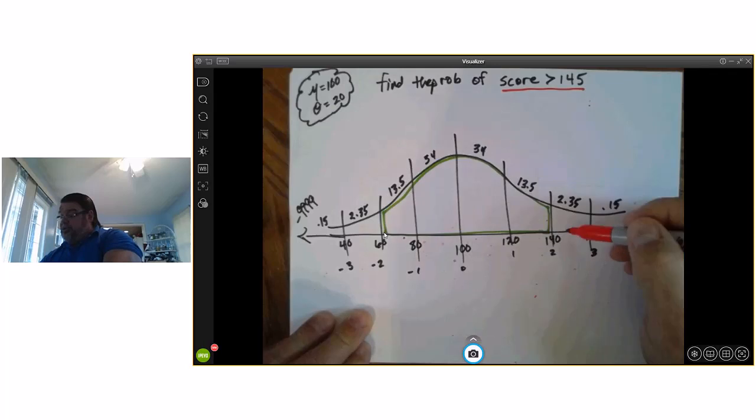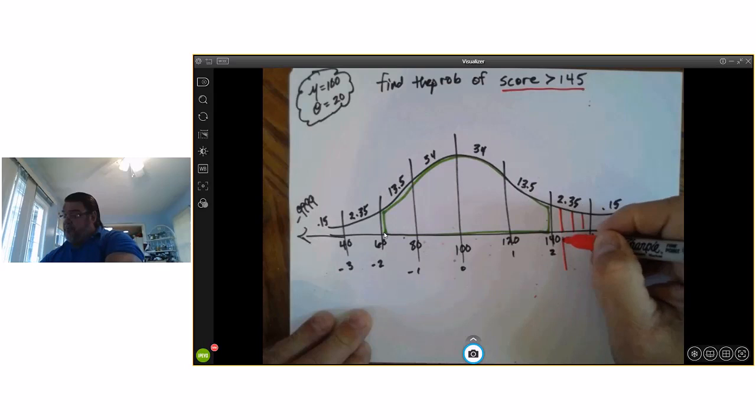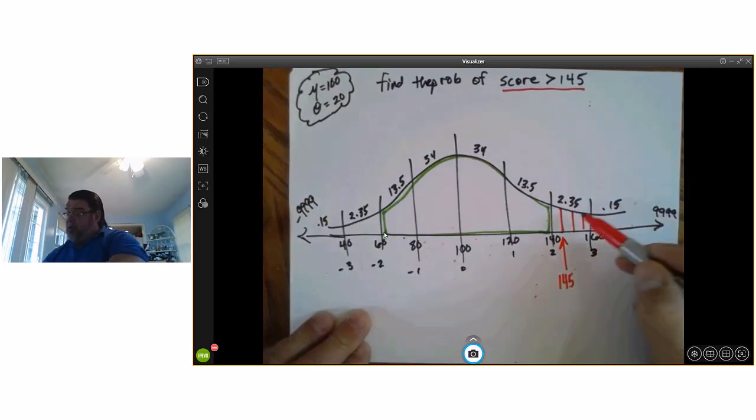We know this is 20, so 4 quarters would be 5s. So that's 145 right there probably. And they want to know this area right here.